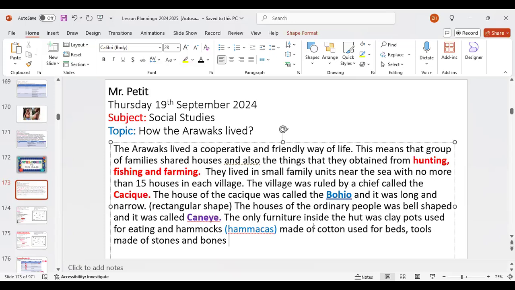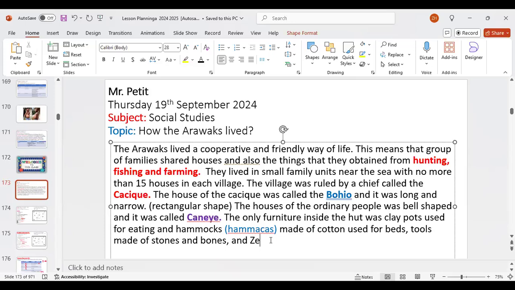And what is the name of their statue or idol? Do y'all know what the name of their statue or idol is? Zemi. Very good. That's what they worship as God.